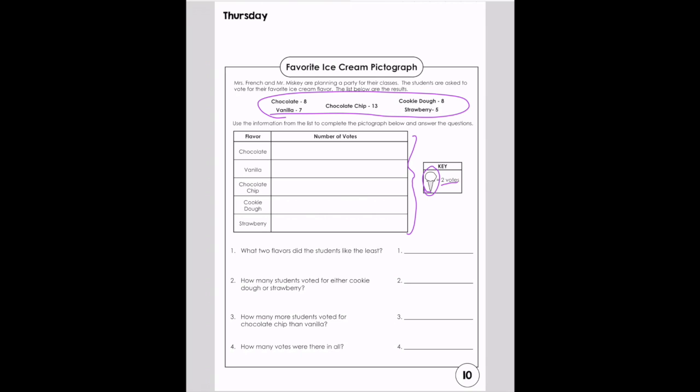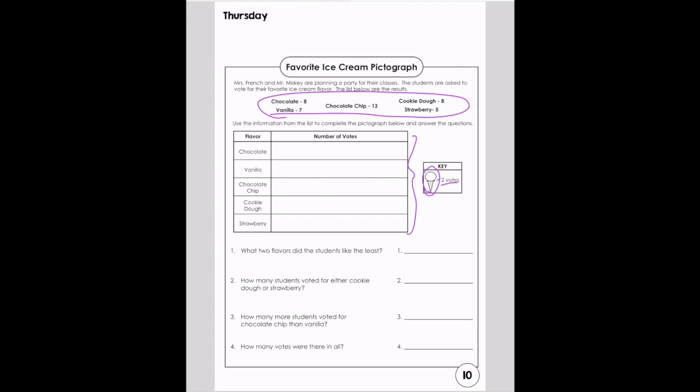The students are asked to vote for their favorite ice cream flavor. The list below are the results. 8 students in the class voted for chocolate, 7 voted for vanilla, 13 voted for chocolate chip, 8 of them voted for cookie dough, and 5 of them voted for strawberry. So, use this information from the list to complete the pictograph below and answer the questions.